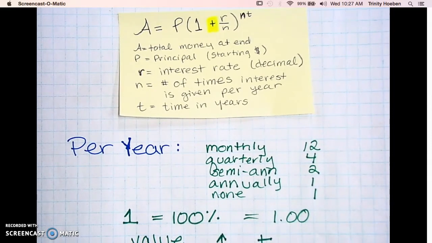So things that go up in value, your bank account, like if you have money in a savings account, right, or an IRA, or most of the time, the value of your house goes up, right? Sometimes it goes down depending on where you live or if there's a drop in the market or whatever. But generally, the value of your house goes up.